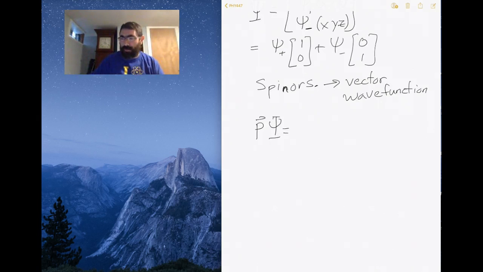What we would do is write out the operator in a matrix. So the momentum becomes minus i h bar times the del operator, because we have to take into account components in x, y, and z. Now it's a diagonal matrix because there aren't any cross terms. The momentum is just going to operate on each component of the spinor.